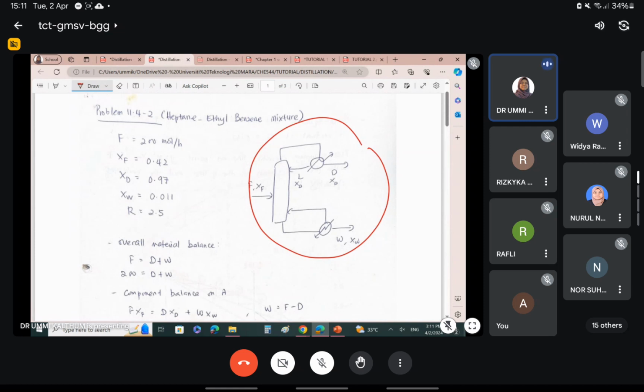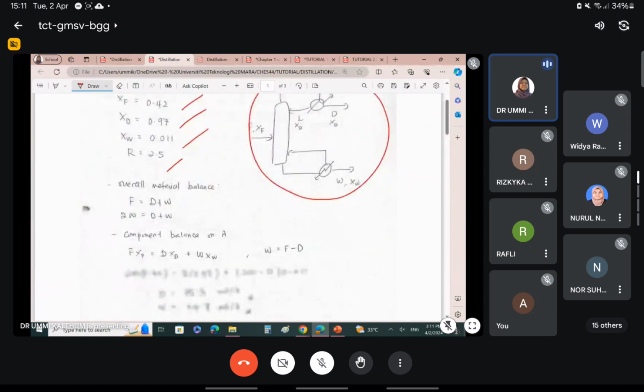So, the given information: the feed is 200 mole per hour. The composition of heptane in the feed is 0.42, 42 mole percent. XD is 97 mole percent, 0.97. The bottoms XW is 0.011, 1.1 mole percent, and the reflux ratio given is 2.5. Extract all the data and then make a balance.